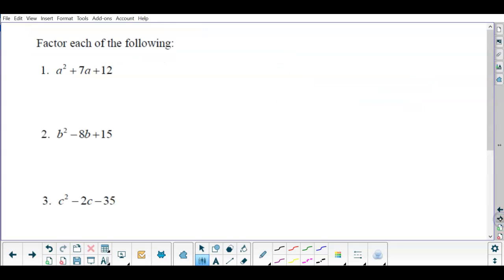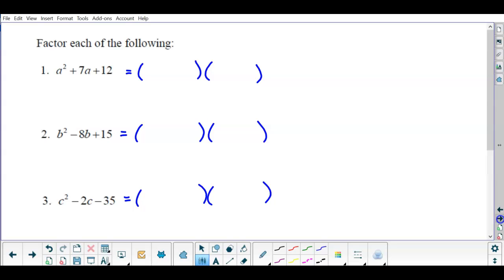Okay, so simple trinomials are the easiest. So basically, you can set up your factors right away. You don't need to show any work because there's nothing that you can divide out to start. Okay?